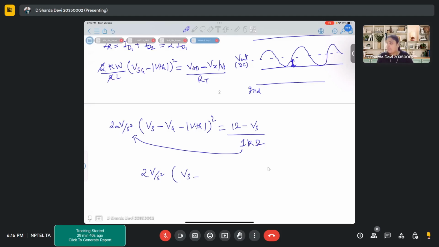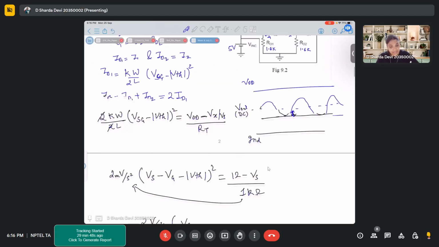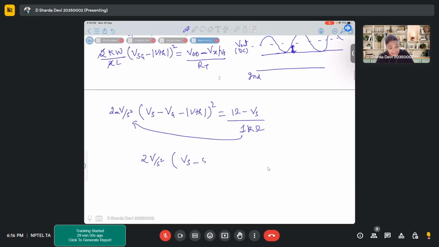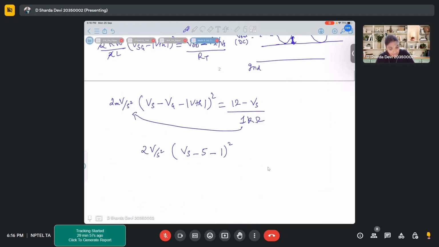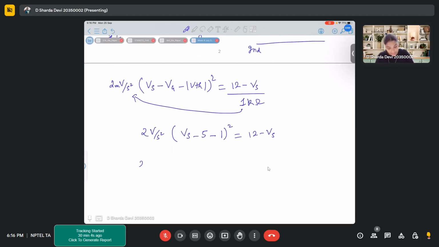Vs minus Vg was already known, right? Vg is 5 volts. We are analyzing the DC currents currently. Minus VTHP is 1, whole square, equals 12 minus Vs.